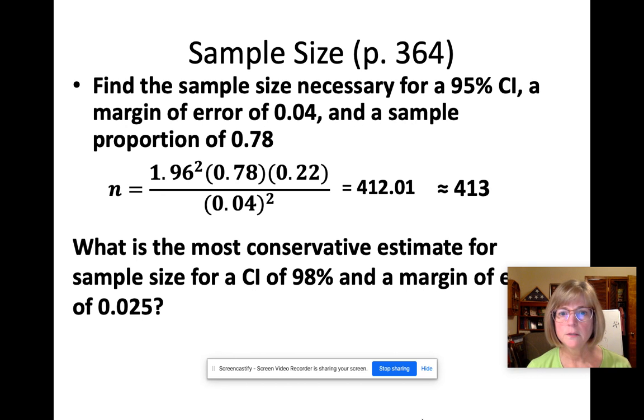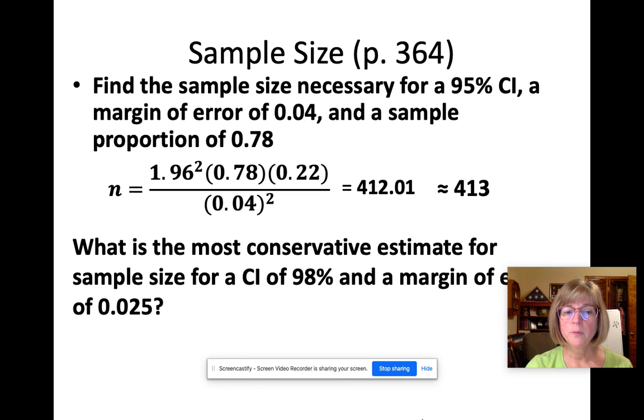Well, if you notice, there's no percentage, there's no sample proportion included here. And that's because most conservative estimate is another way of saying we want the probability of success, our p-hat value, to be the same as our q-hat value, which means both p-hat and q-hat are 50%.